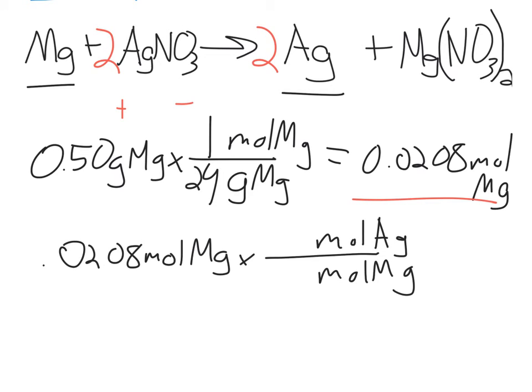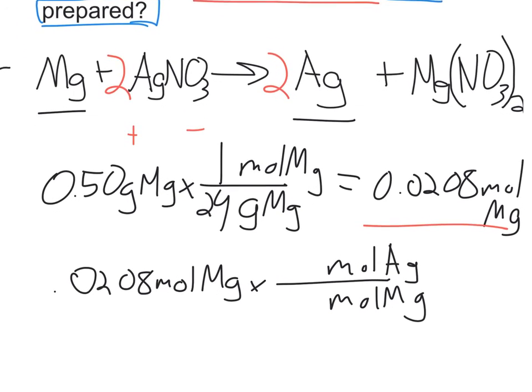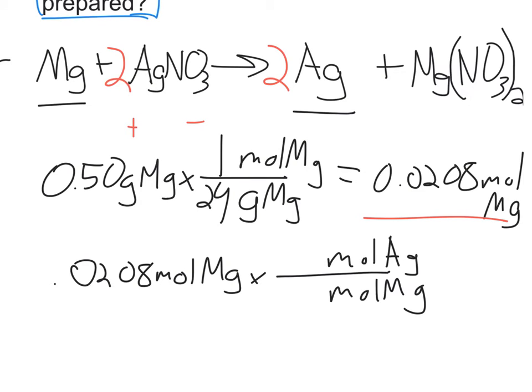Now, here's the step that does not come off the periodic table. Because moles are on top and bottom of the fraction, I have to look up here. I have to look at my balanced chemical equation for the coefficients. Magnesium had nothing in front of it, which is the same as a 1. Silver had a 2 in front of it. That's it. 2 moles of silver are equal to 1 mole of magnesium.